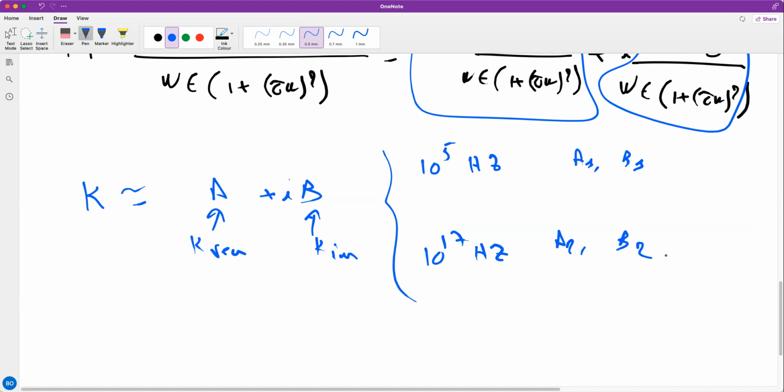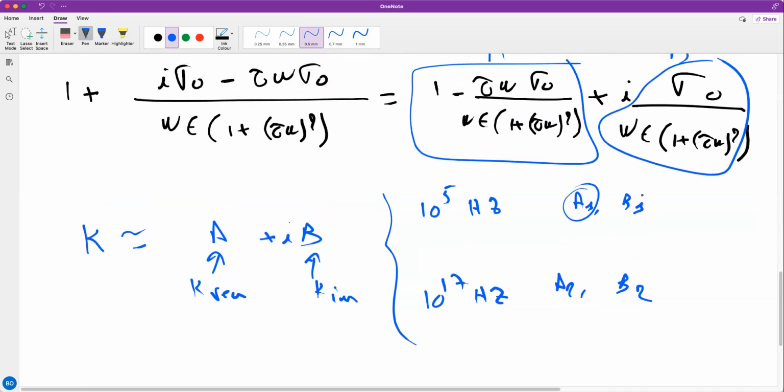Which one is bigger, A1 or A2? A1. So A1 is bigger. And which one is bigger, B1 or B2? B2.